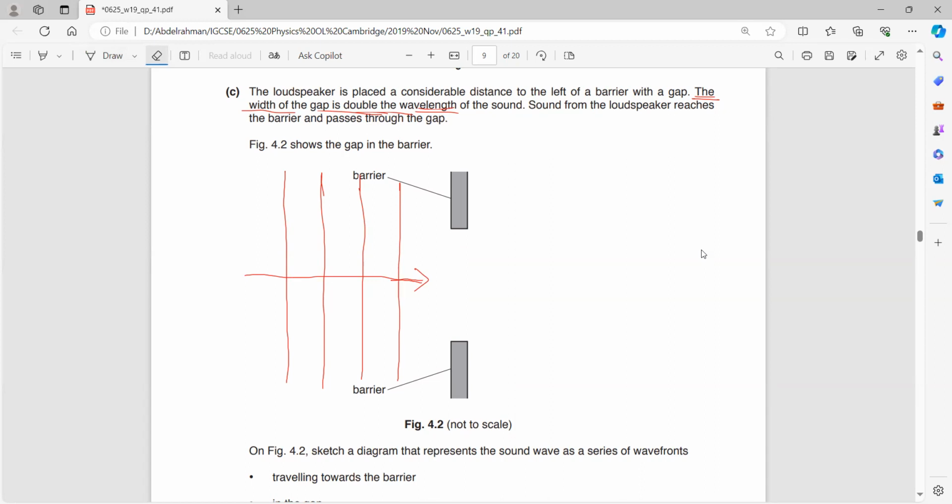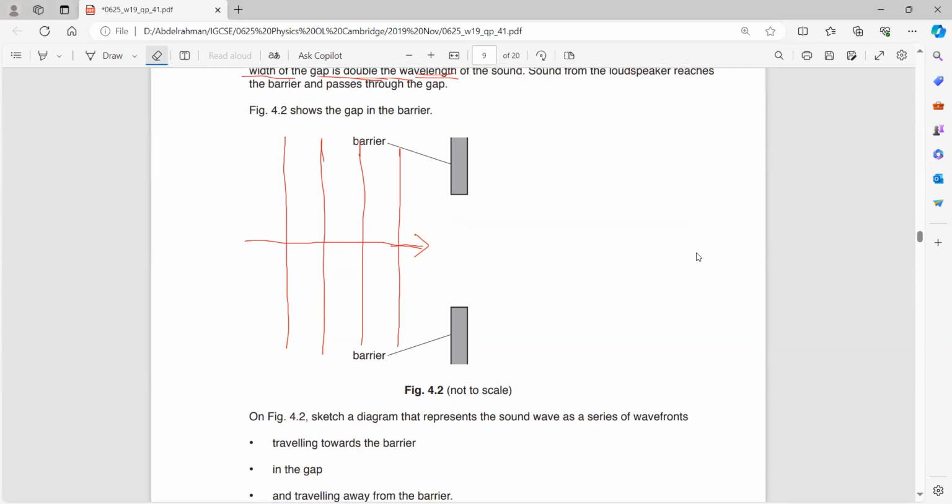Can anyone tell me whether it produces semicircular or non-semicircular waves? No, here it's not semicircular, because this could be considered a wide gap. When I have a wide gap, it is non-semicircular of course.